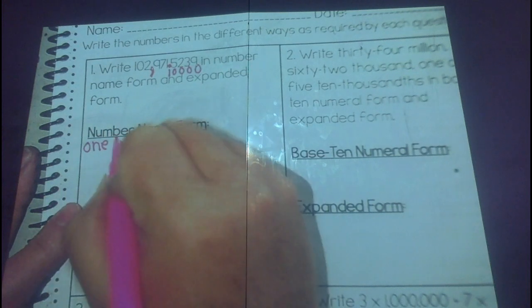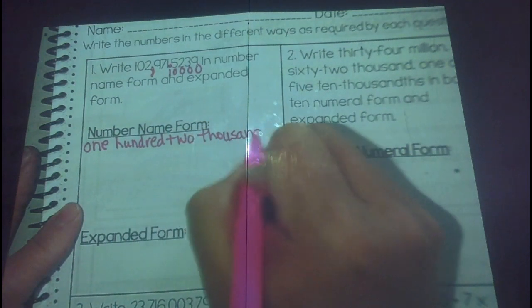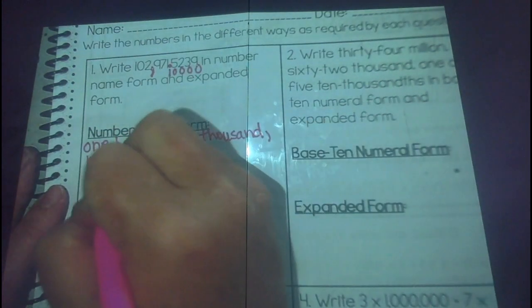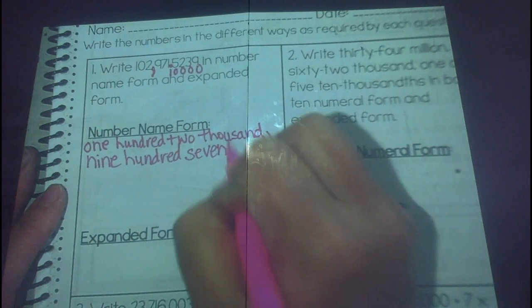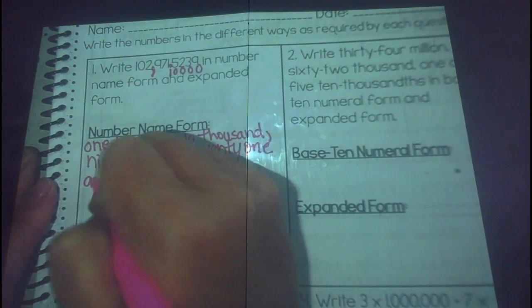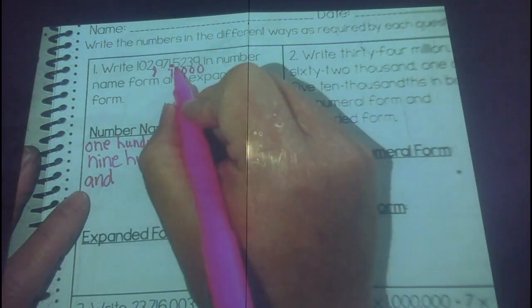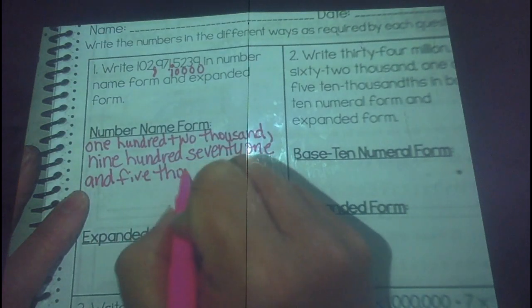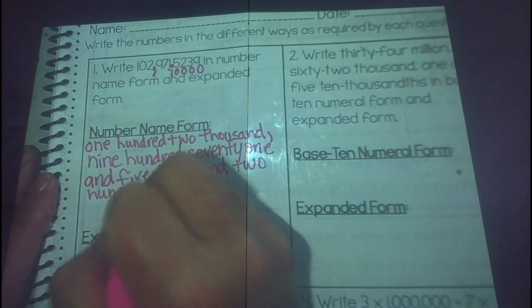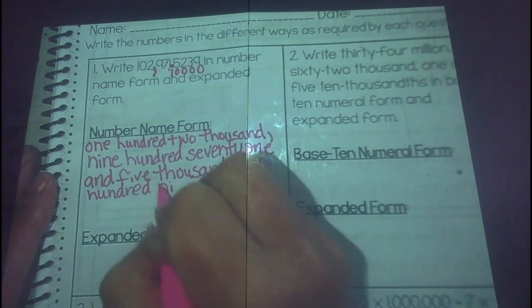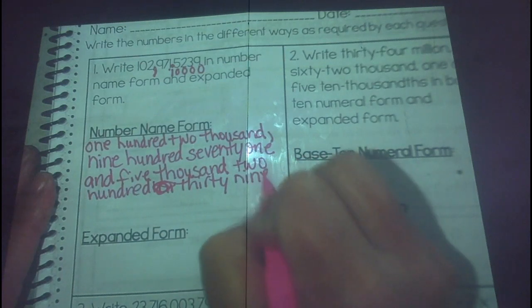So 102,000, comma, 971, and, because there's our and sign, our decimal means and, then we have 5,000, 30, 10,000.